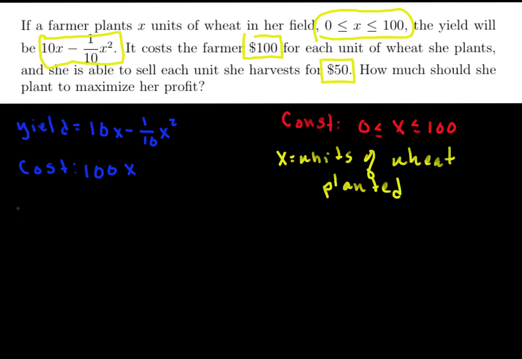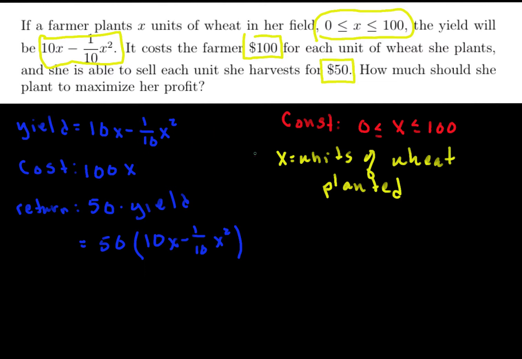So our return, we'll just call it return on investment, will be $50 times the yield. And we have the equation up there, so that's $50 times 10x minus 1/10 x squared.